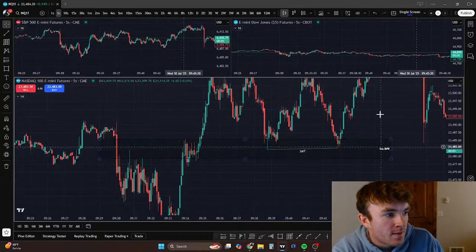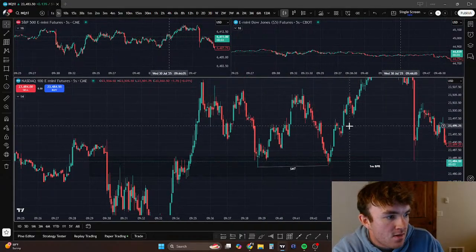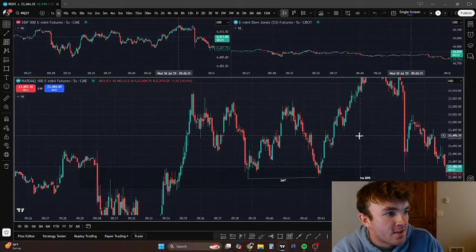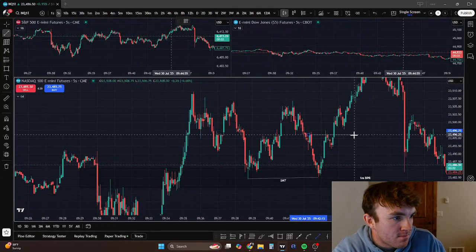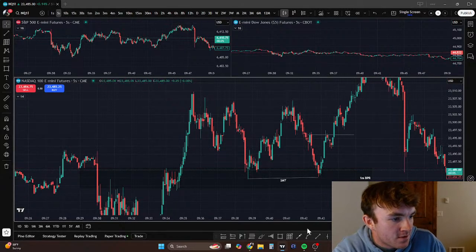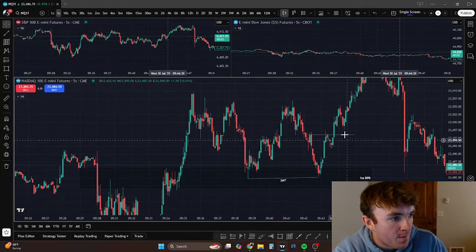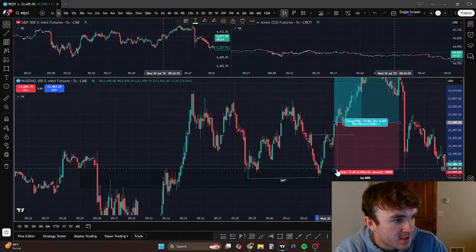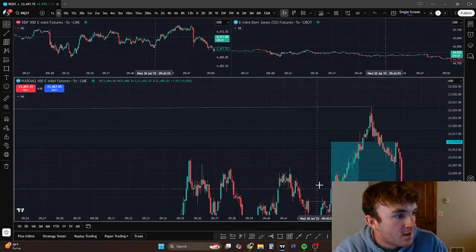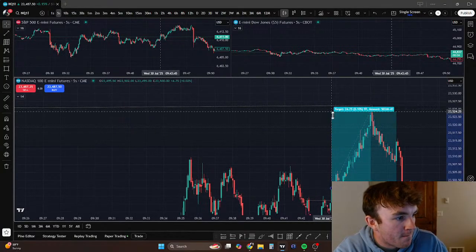So 1-minute BPR, 30-second change state delivery. I mean, now you'd have to enter on the close, but you could, right? 1-minute BPR, 30-second change state delivery, close. Boom.